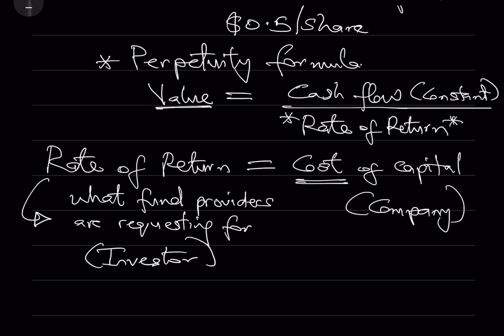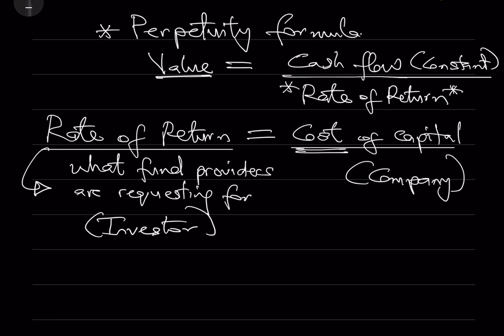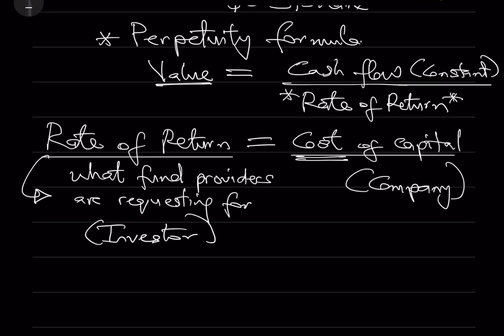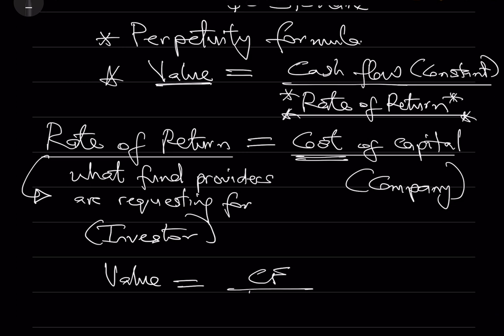So take note, rate of return is the same thing as cost of capital, because in questions, they will give you all the parameters and ask you to calculate the required rate of return. It's the same thing as calculating cost of capital. Please take note. So in this formula, we're just going to substitute rate of return with cost of equity, which means the value we are talking about is equal to that cash flow divided by cost of equity.